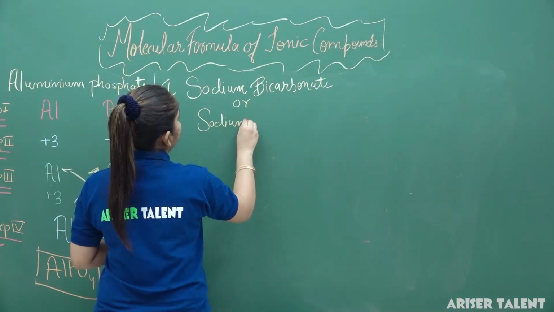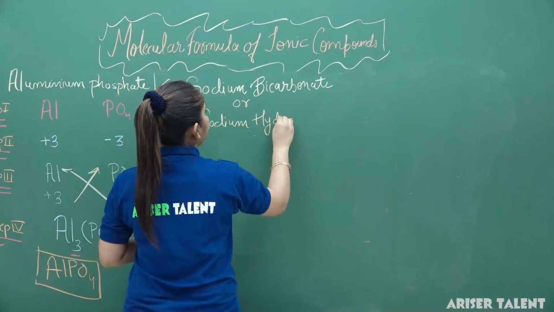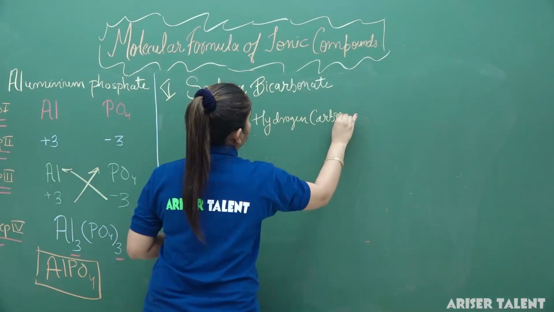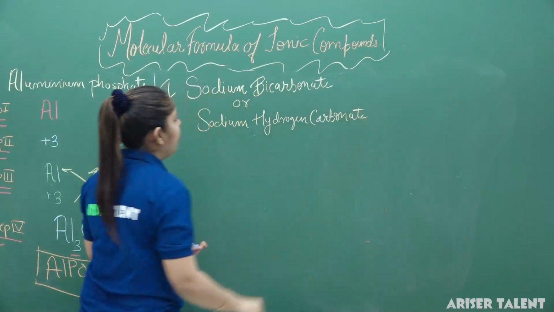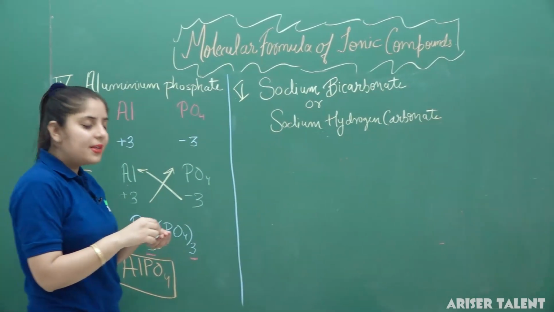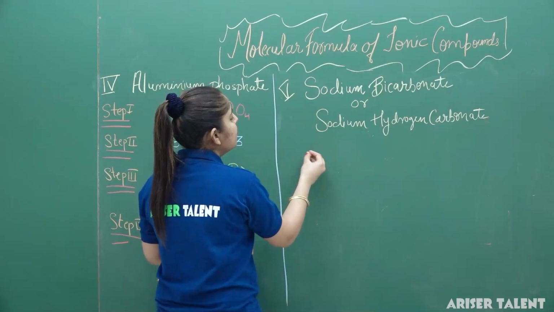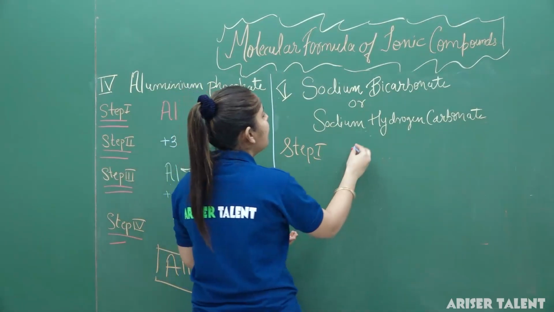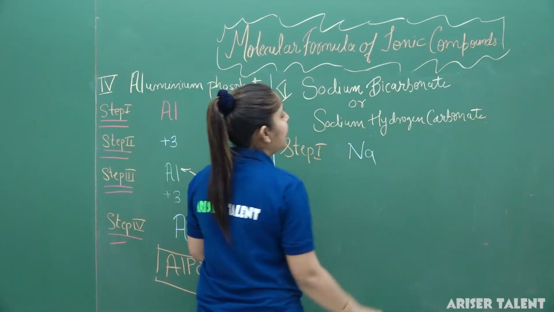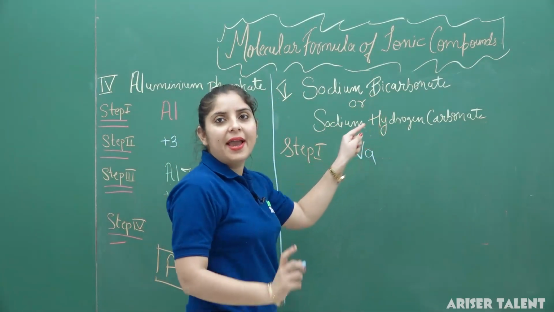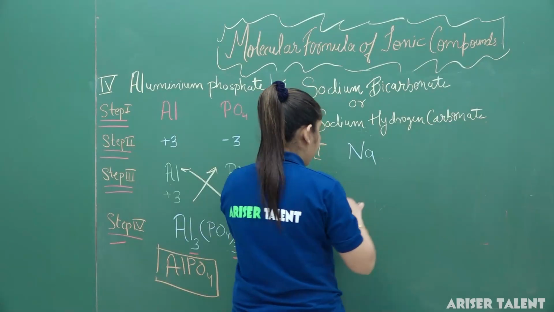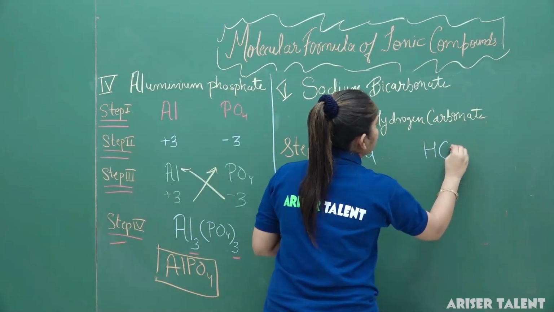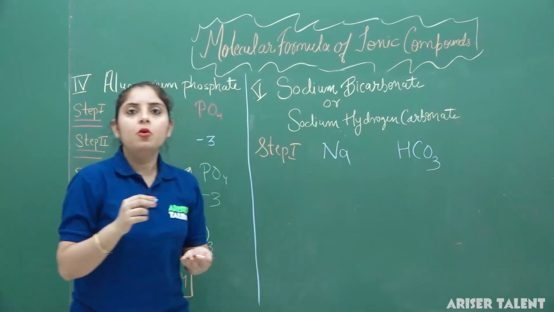Now we will again repeat the steps. In step number 1, for sodium we have the symbol Na, and bicarbonate is actually hydrogen carbonate, so for its symbol we have HCO3.